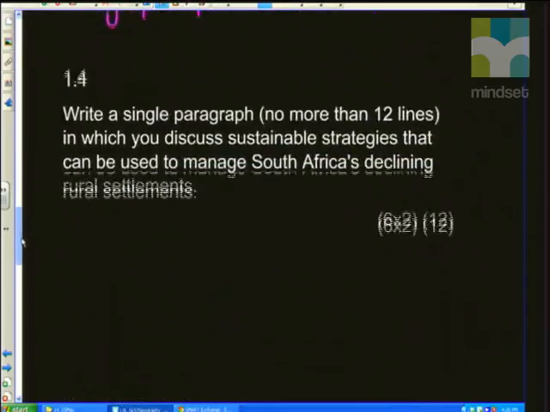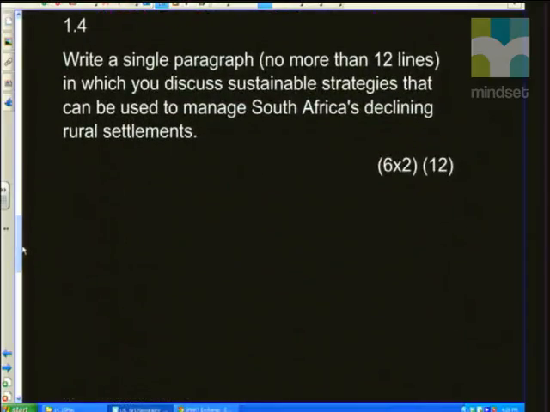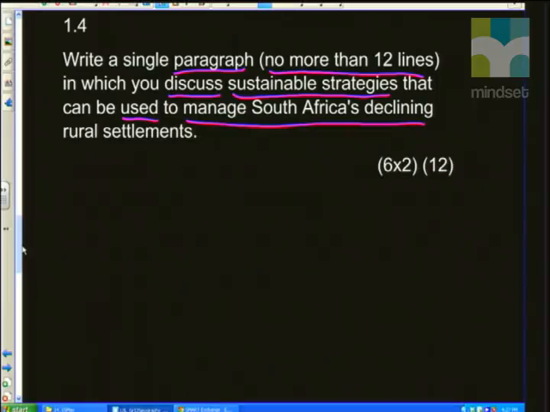If you have a look at the next question, write a single paragraph, no more than 12 lines, in which you discuss, so everything has to be in a sentence, sustainable strategies that can be used to manage South Africa's declining rural settlements. Now remember that back in apartheid laws, most of the government budgets were associated with urban areas because those were white-dominated settlements.